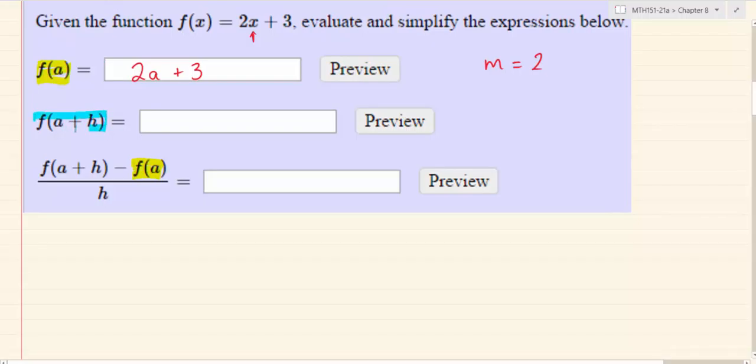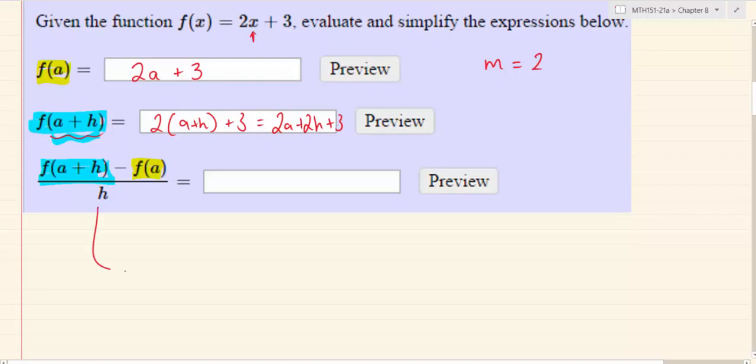And this part, a plus h, is this part here. So what they're asking you to do is find the first component, and then find the second component, and then put them together in the last answer, okay? So how would you find f of a plus h? 2 times a plus h plus 3, which is 2a plus 2h plus 3.